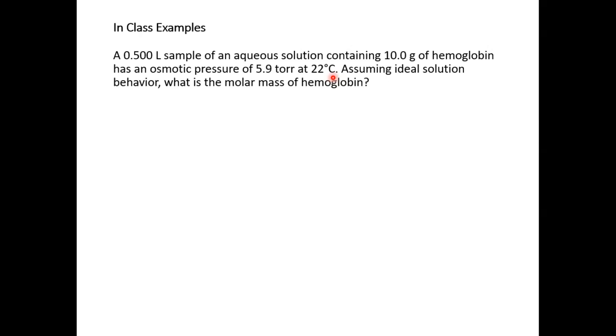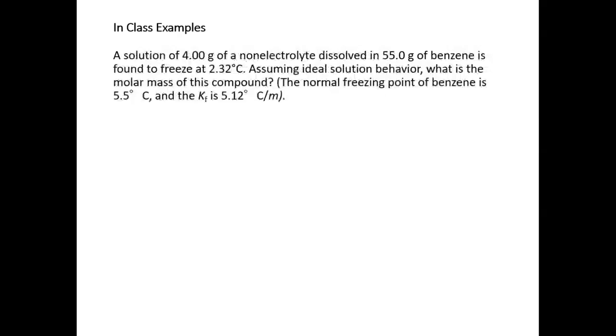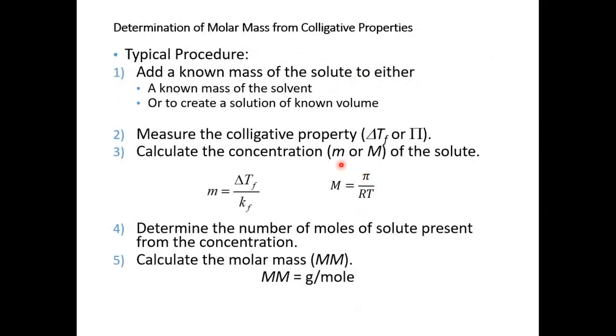Kelvin. What is the molar mass of hemoglobin? What is the piece of my osmotic pressure formula that I should be trying to solve for if I'm wanting to get to molar mass? I have to solve for the part that involves a mole, right? I need moles to calculate molar mass.